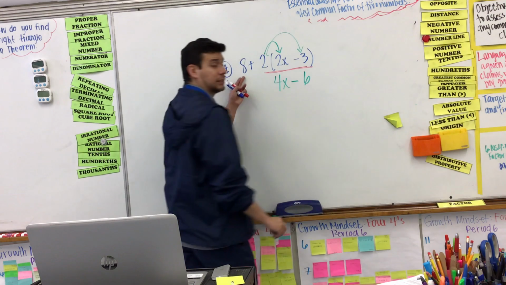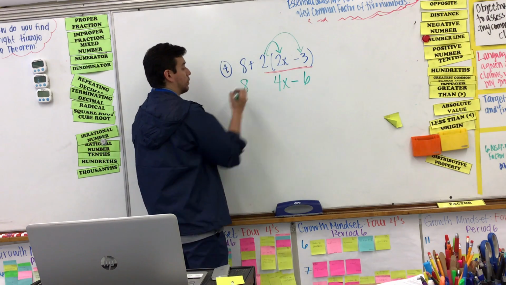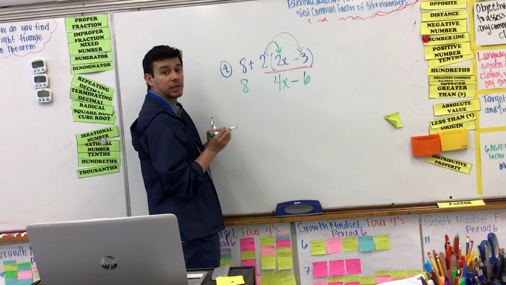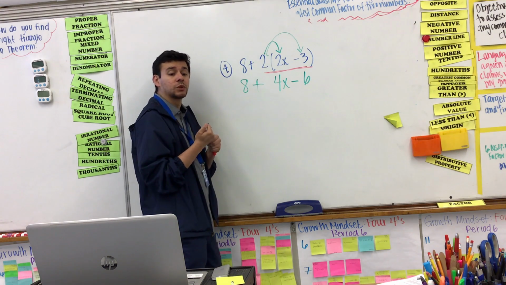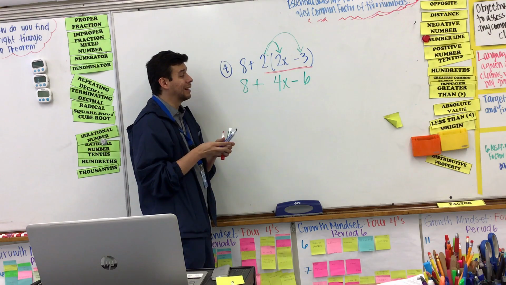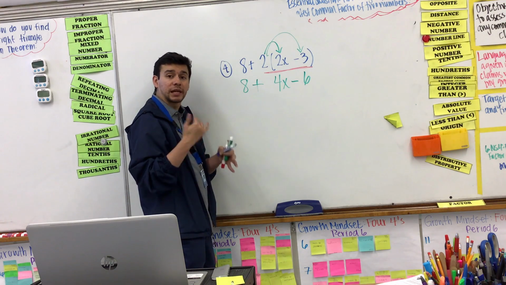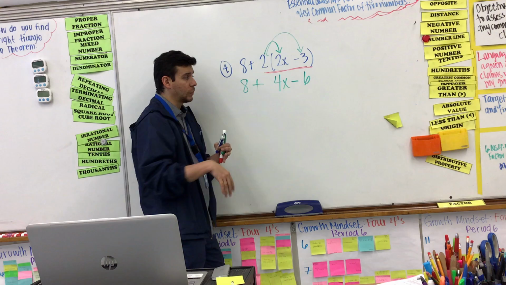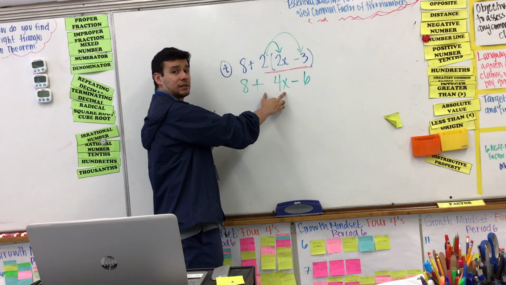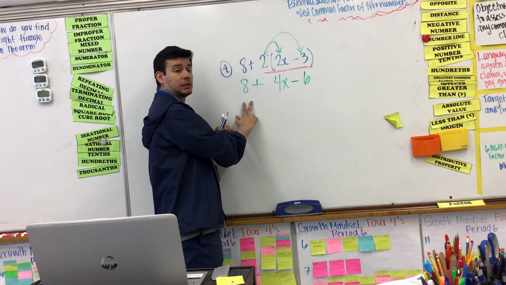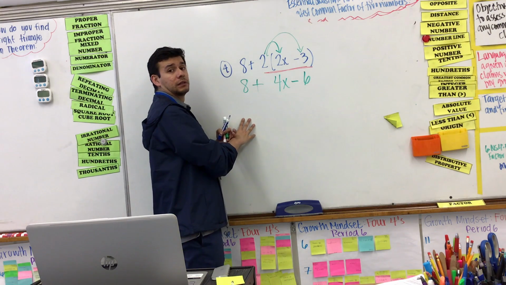Did I touch the 8? No, I didn't, so I'm going to bring it down. Did I touch the plus sign? No, I didn't, so I'm going to bring it down. So this is my new problem. Now, I'm going to ask myself, could I combine anything? Well, I can't combine the 4x with these guys because this one has an x and this one doesn't. So these cannot get combined, okay?